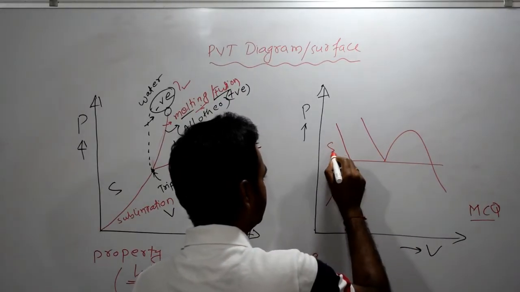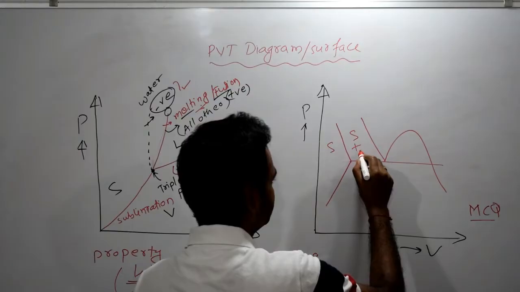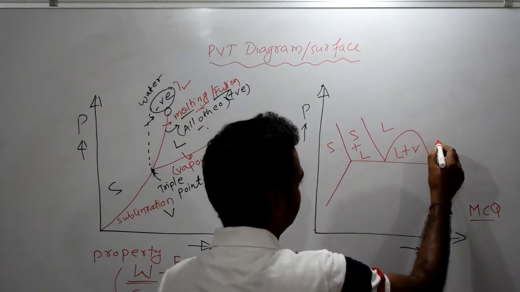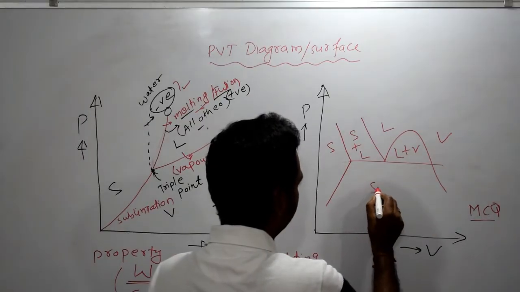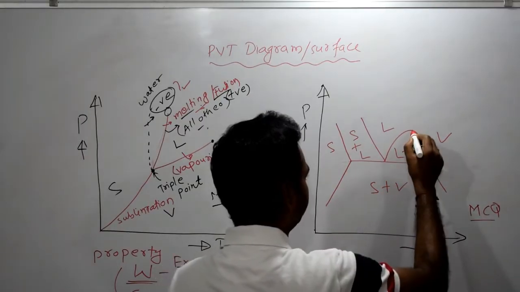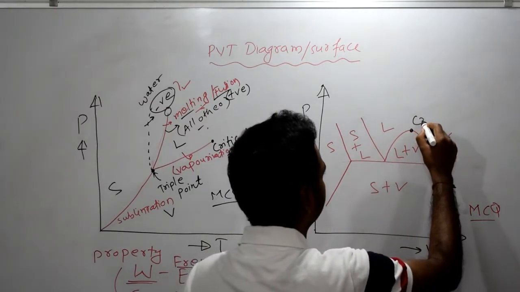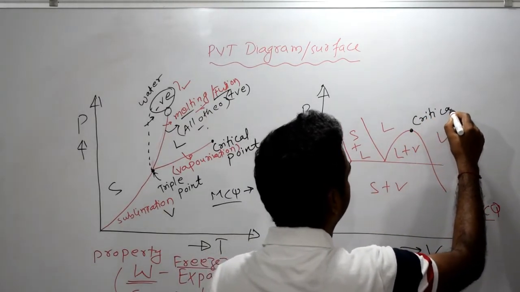This one is solid. This one is solid plus liquid. This one is liquid. This one is liquid plus vapor, here we have vapor only, and this one is solid plus vapor. And this particular point is known as the critical point.